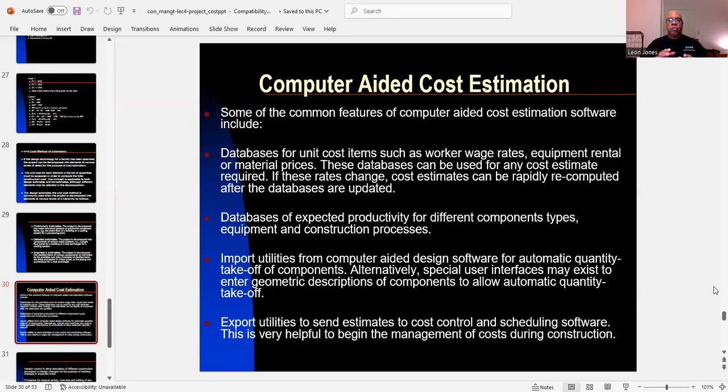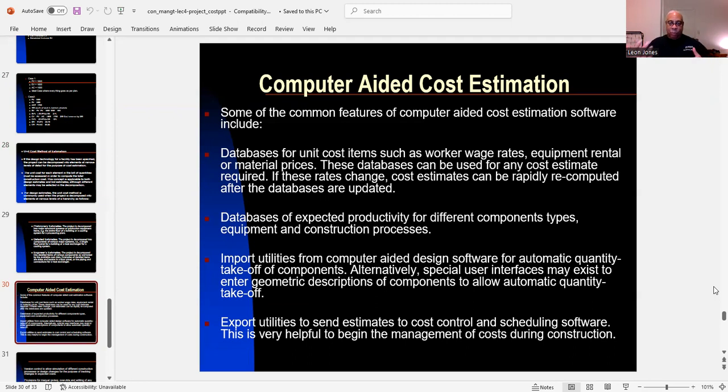Also, databases of expected productivity for different component types, equipment, and construction processes. That's under computer aided cost estimation.